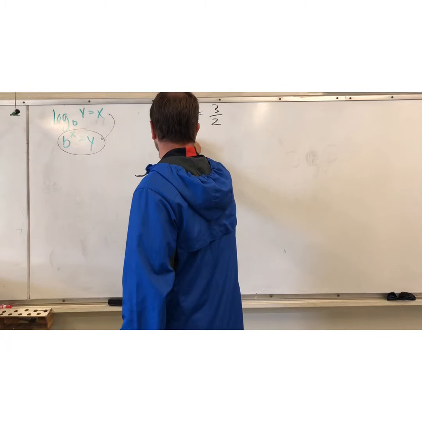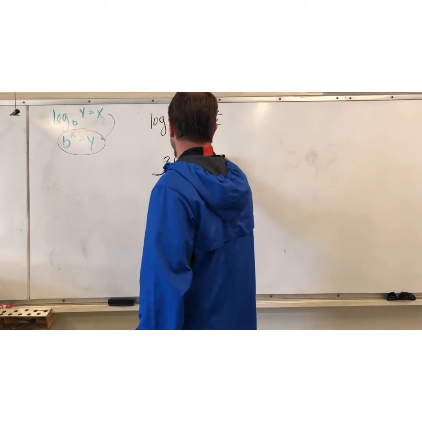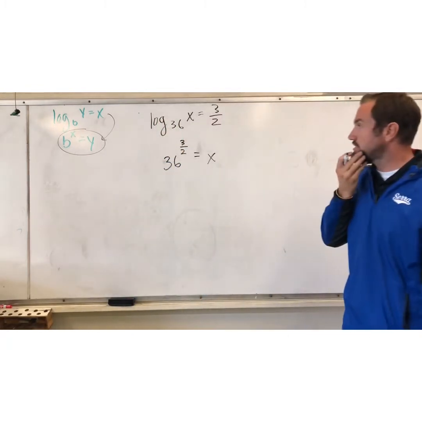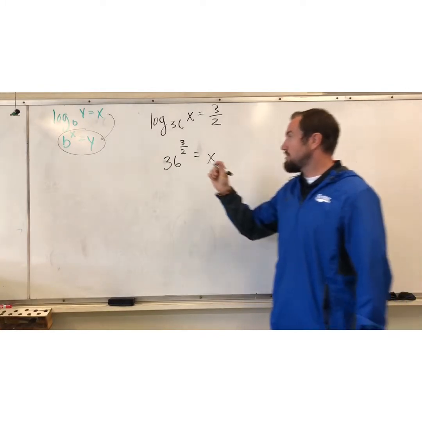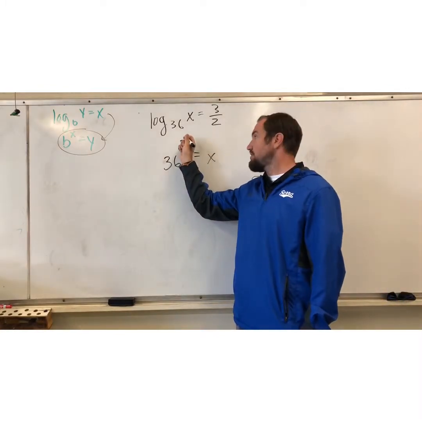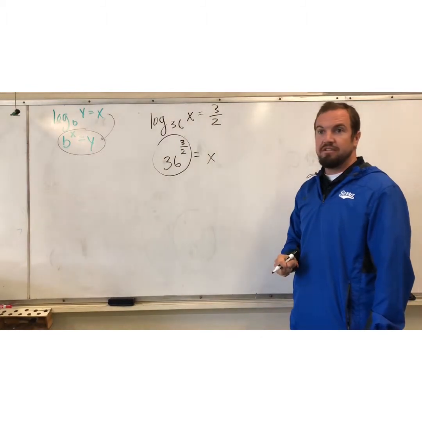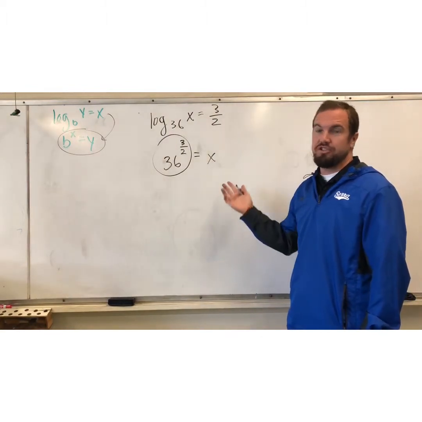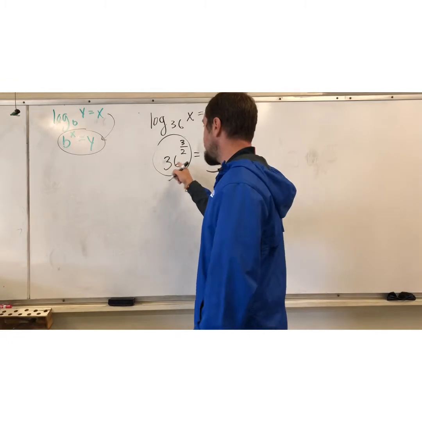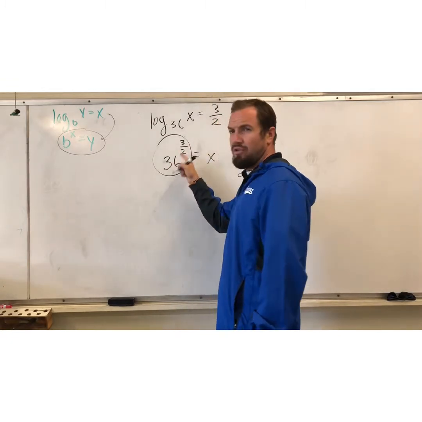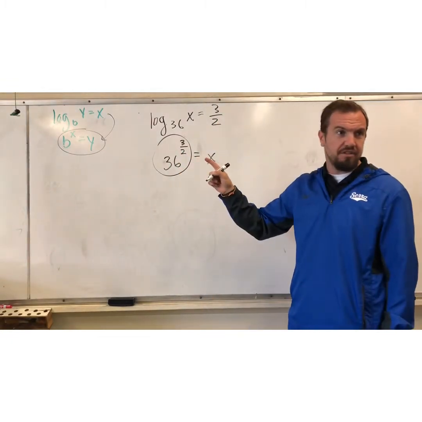36. Ooh, I like this one. 36 to the 3/2 is equal to x. This one is nice because all you're really doing is solving what the left side of this equation is, and you're getting your x. Now, who knows how to actually rewrite this?